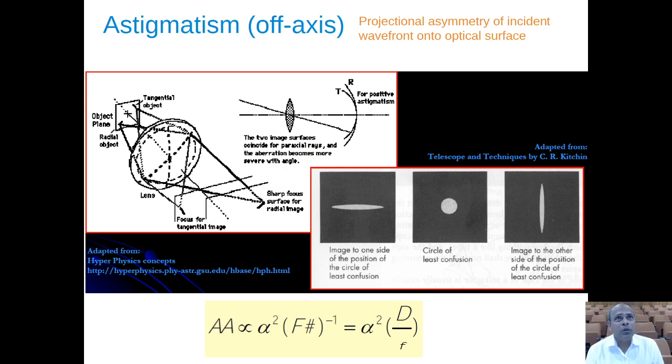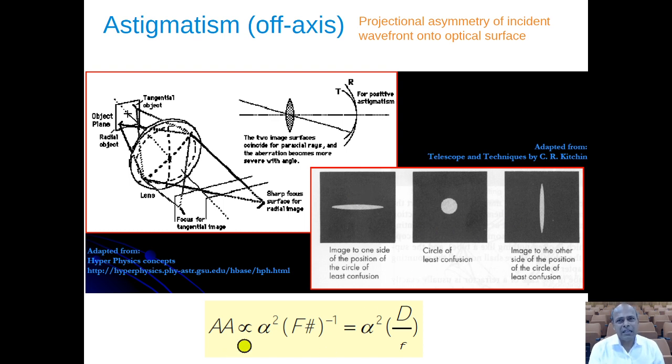Now this is the third monochromatic aberration, astigmatism. This is again an off-axis aberration, and it arises because of the projectional asymmetry of the incident wavefront onto the optical surface. And you see, for radial and tangential images, there are sharp focuses at different locations, and when you go away from the circle of least confusion, I mean from the focal plane, a little away on one side and the other side, then you get this kind of images.